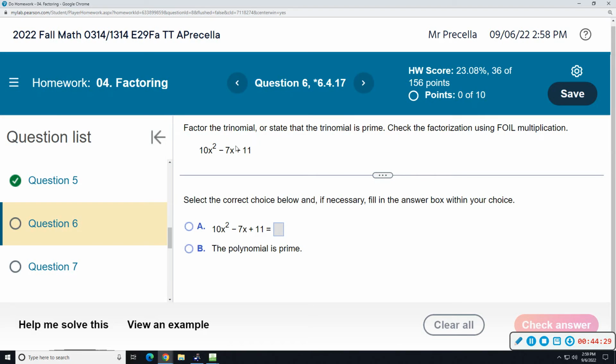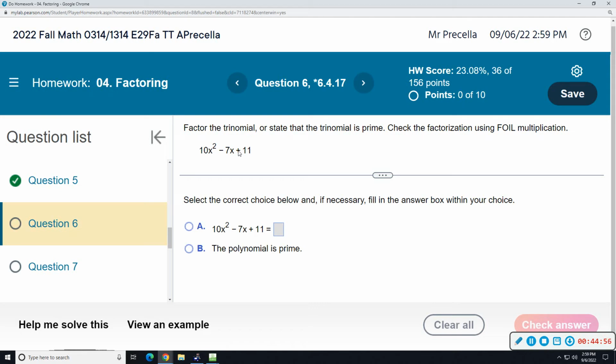Oh, this is the kind I like. The last sign's a plus, which means what's going to be in the parentheses? Is it a plus and minus, or 2 minuses? If the second sign is plus, what sort of numbers multiply together to give a positive? Either negative and negative, or positive and positive.